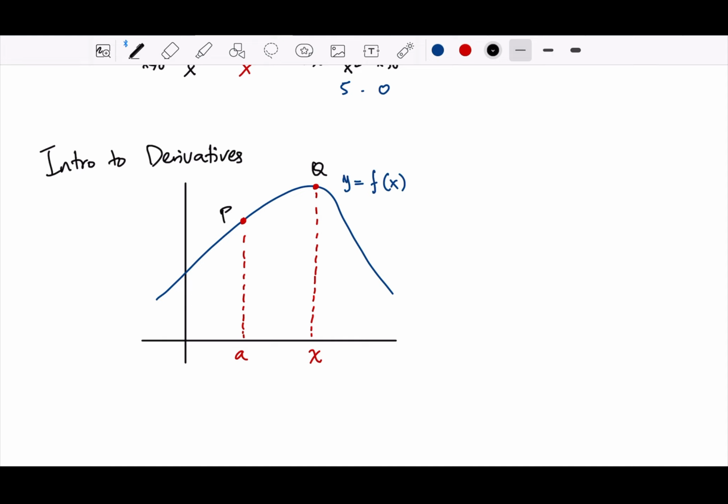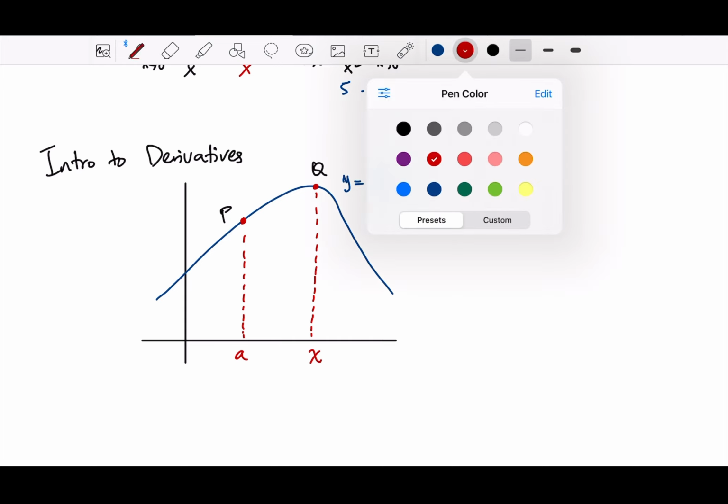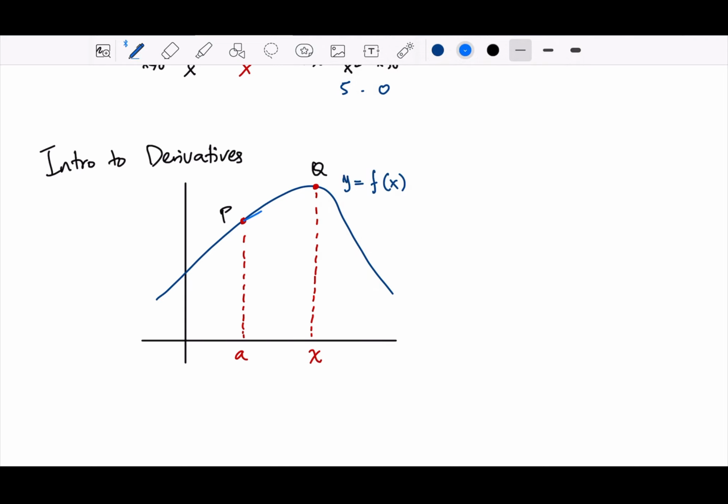Now to begin with, I will take the line connecting P and Q. That is the first thing I need to do now. So let me take this line. This line is called the secant line. Let me write. This is the secant line.